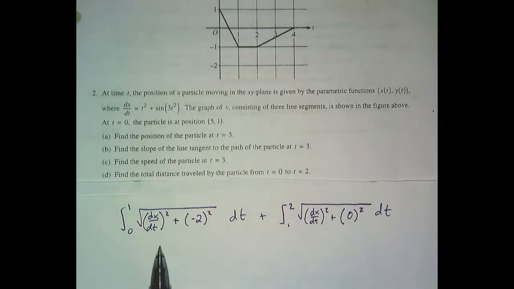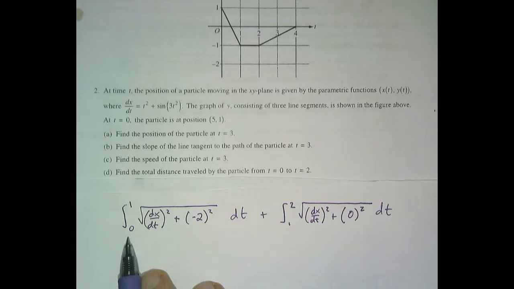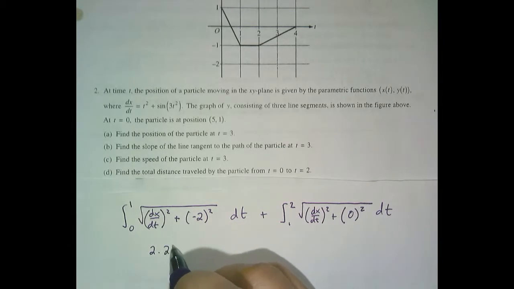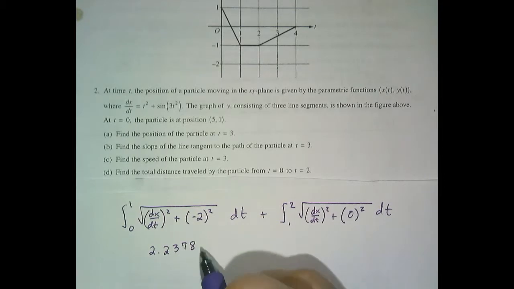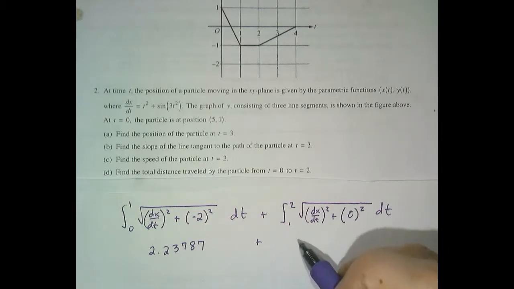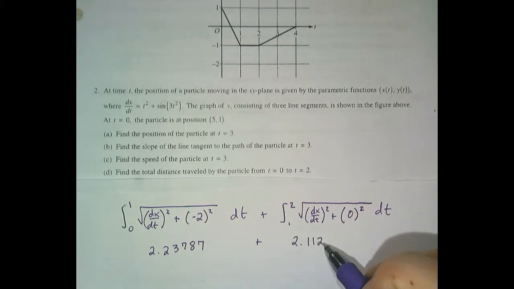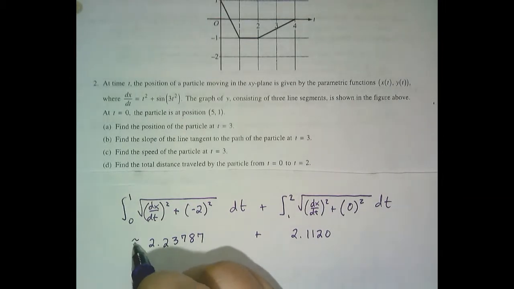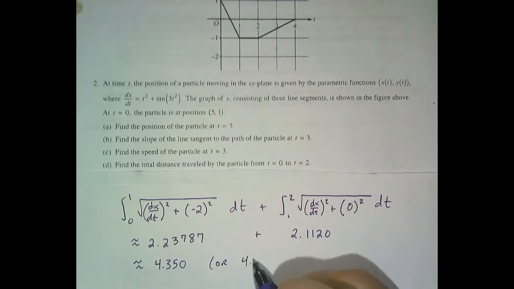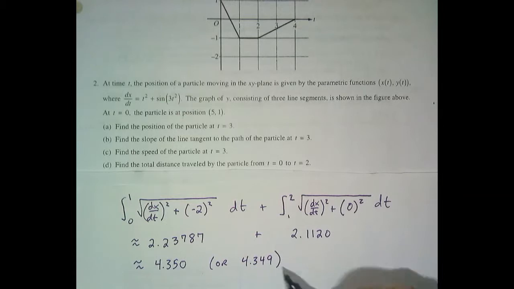This is an operation you can type into your calculator. And if we evaluate this expression on the calculator, we get roughly 2.2378. And if we evaluate the second one on the calculator, we get roughly 2.1120. Adding those two together, 4.350 if you round, or if you truncate, 4.349.